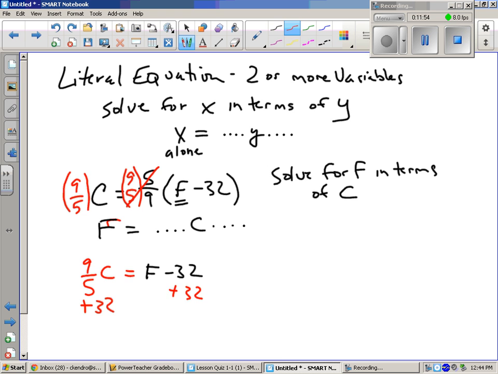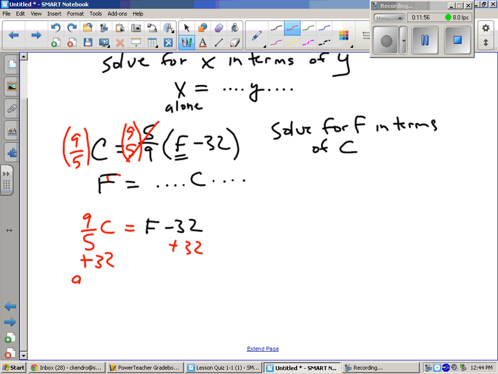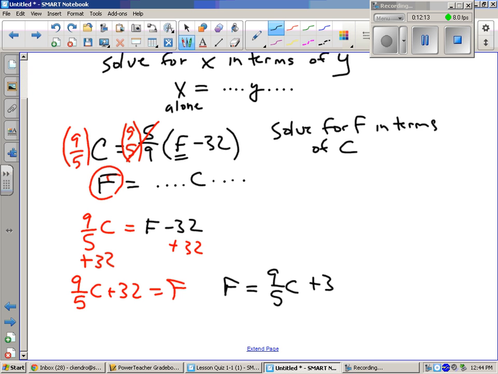Now I can't really add 32, so I just say 9/5 C plus 32 equals F. Now normally we put this by itself first, so I'm going to switch these around. F equals 9/5 C plus 32. And what we did right there is the symmetric rule. We just switched them around to make it a little more proper.